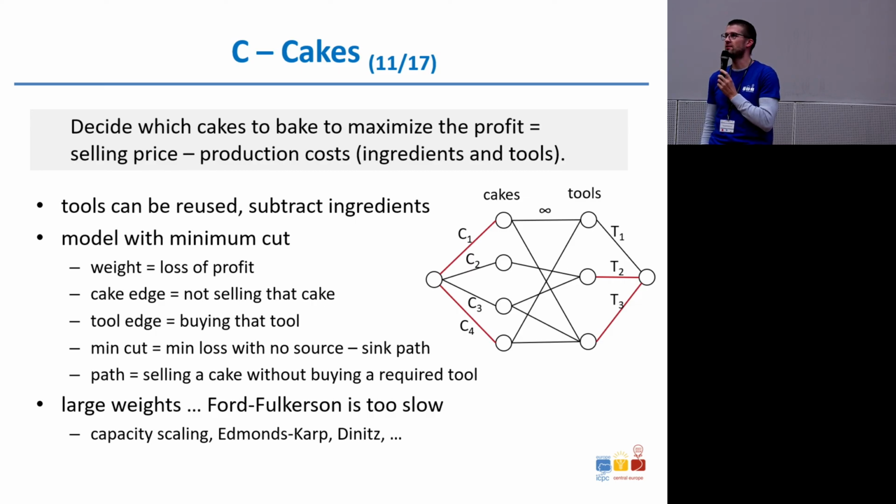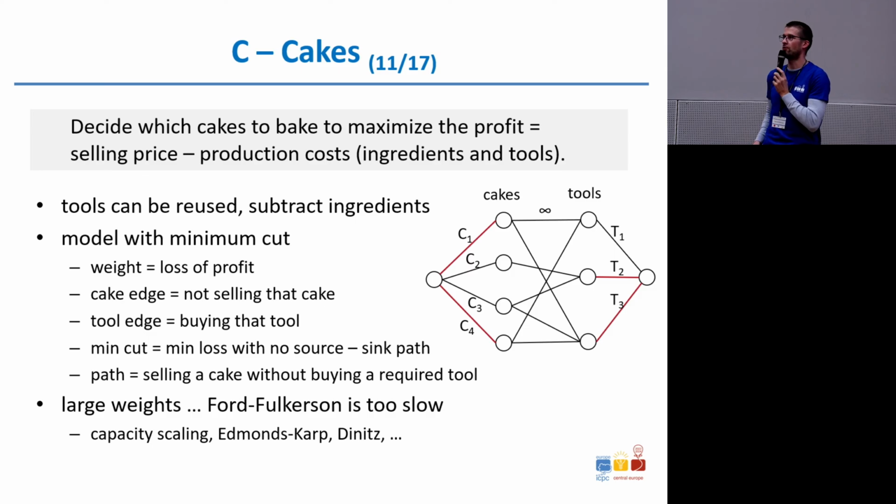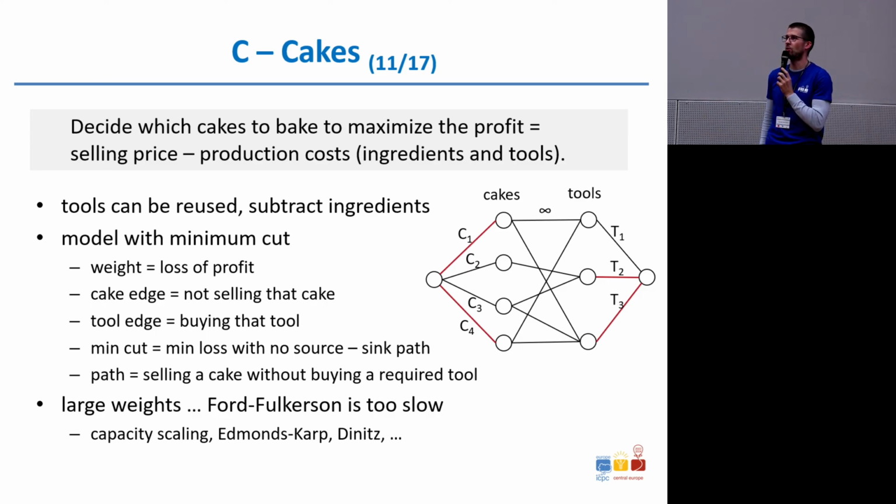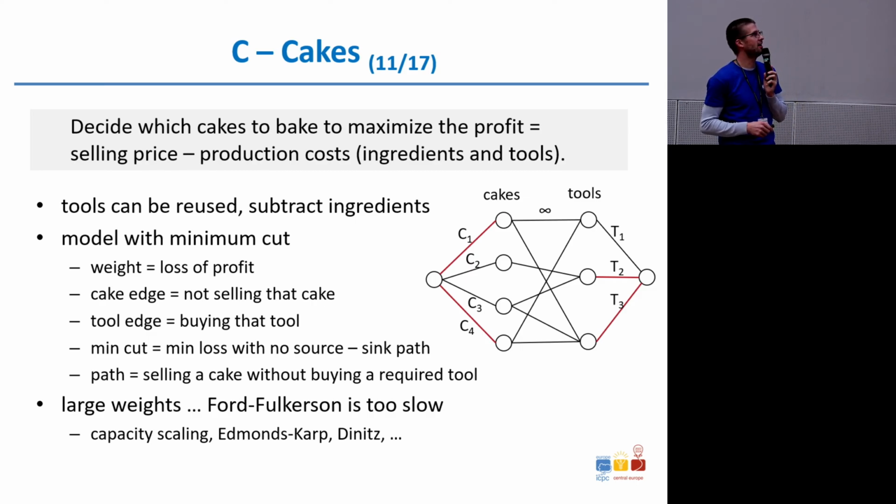So obviously, if this is what we're trying to prevent, the minimum cut is what we're looking for. Final step, be careful. You have pretty large weights in this graph, so although it's relatively small, the weights can be large, so just the standard Ford-Fulkerson approach will be too slow, so you can either use some capacity scaling or swap it for Edmonds-Karp, Dinitz, or pretty much anything else.